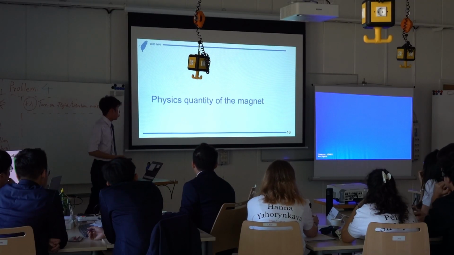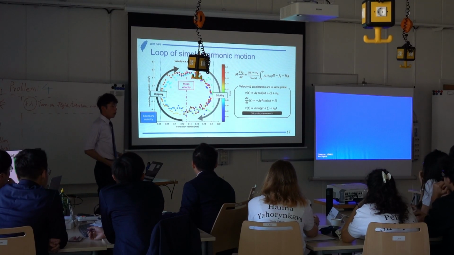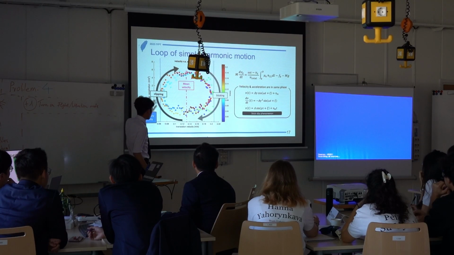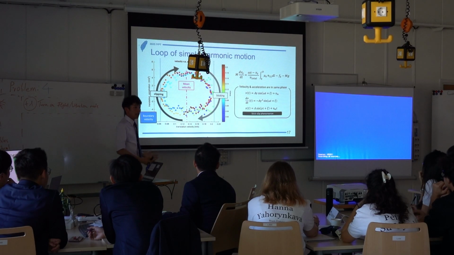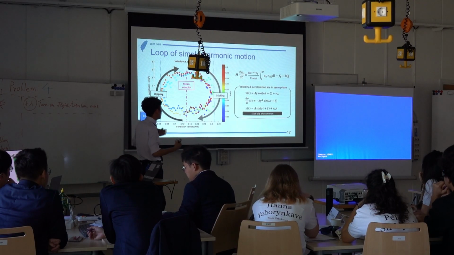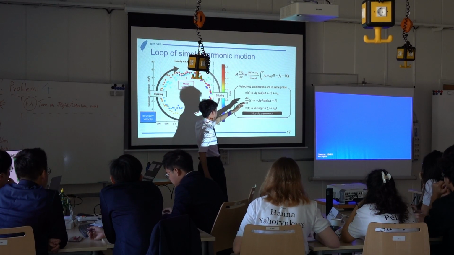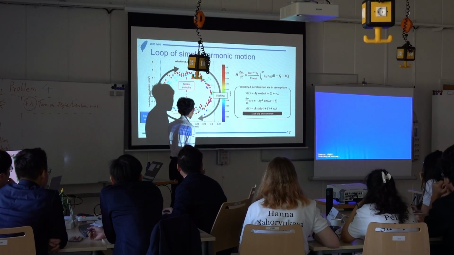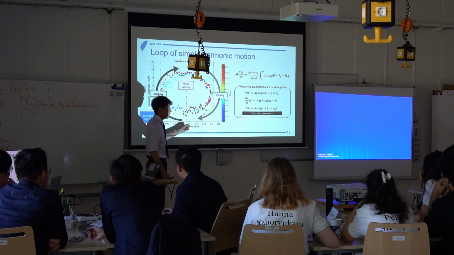So here comes the third property of the magnet. First of all, we simply call the translation acceleration and the translation velocity here. We can see that it is actually a steplike simple harmonic motion, which means that we can assume the velocity equals a cosine function adding a constant term, because the mean velocity is not equal to 0.